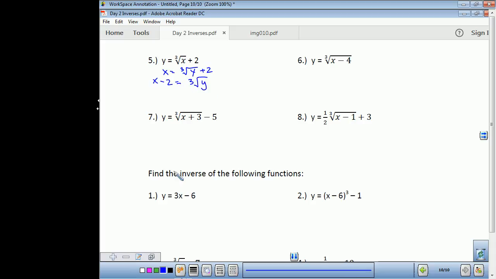Solve for y. We don't really want to cube that. Just write it as x minus 2 cubed. So we know we shift right 2.